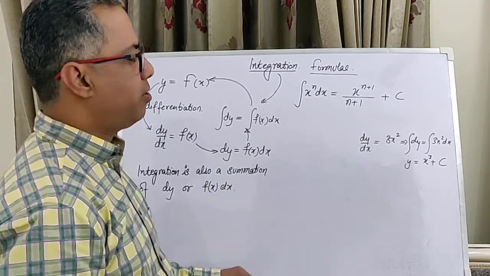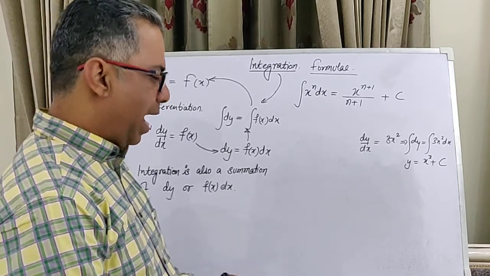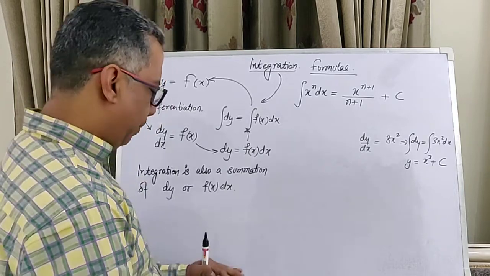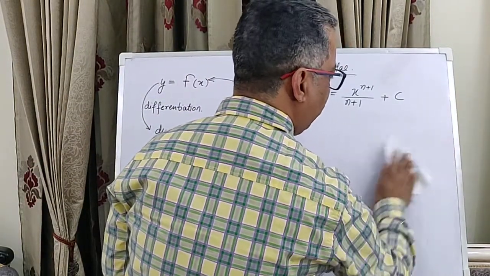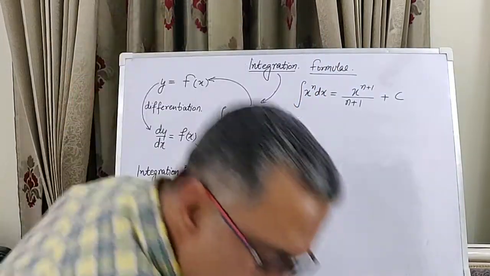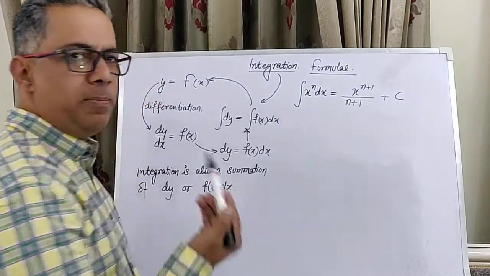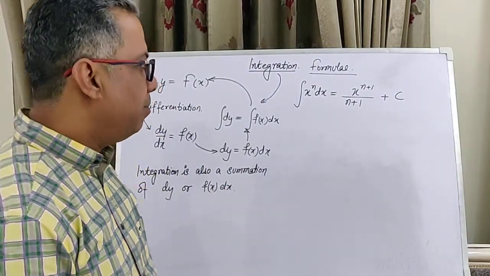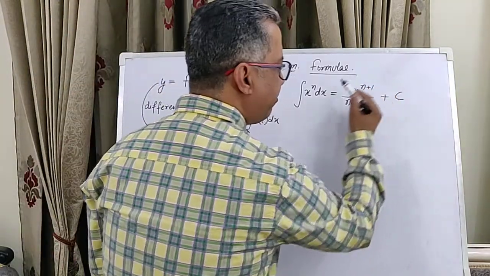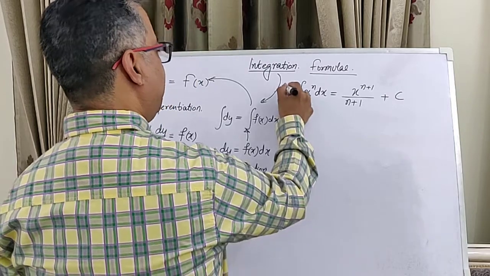The value of the constant may be 0 or non-zero, whatever, but we do add this constant. So this kind of integration always requires the addition of an unknown constant, and that is why this type of integration is called indefinite integration, because we do not know the definite value of the function on this side of the equation. So this was the first formula.